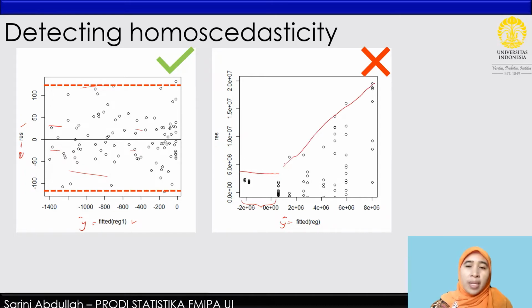So here we can see there is a trend. If we have this kind of pattern in our plot of residual and fitted regression, then there's a strong indication that the homoscedasticity assumption is violated in our model, and we really need to do something about that.